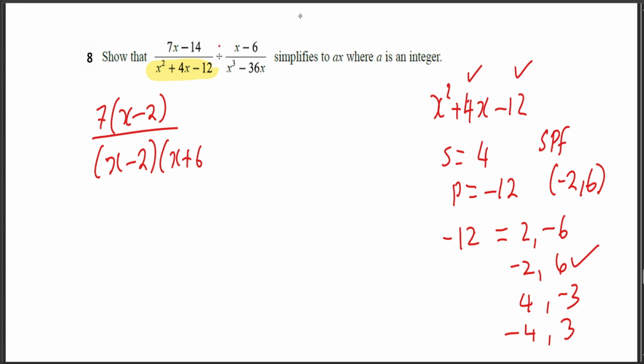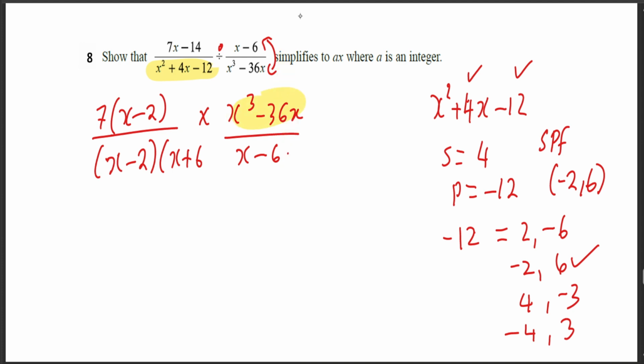And now if it's division, obviously it's going to be multiplication, but you reciprocate this fraction. So the x cubed goes up and the x minus 6 goes down. Now obviously, once again, we can factorize this.